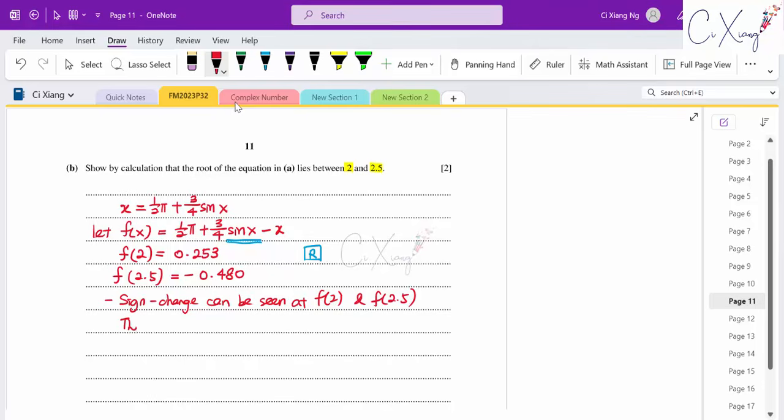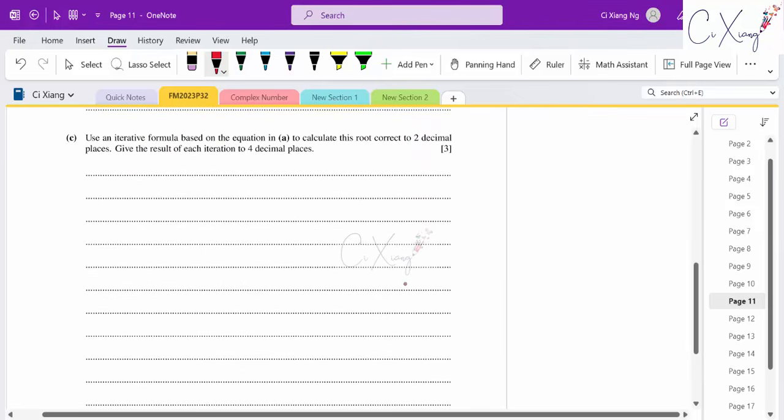So we can say that the root actually lies between 2 and 2.5. And this is how we solve question number B. Let's proceed to question number C.